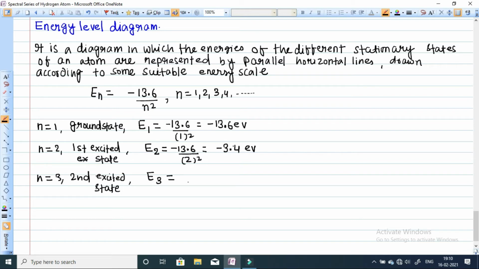So E3 equals minus 13.6 divided by 3 square, that is 13.6 divided by 9, which comes out to be minus 1.51 electron volt. Similarly, we can calculate for n equals 4.